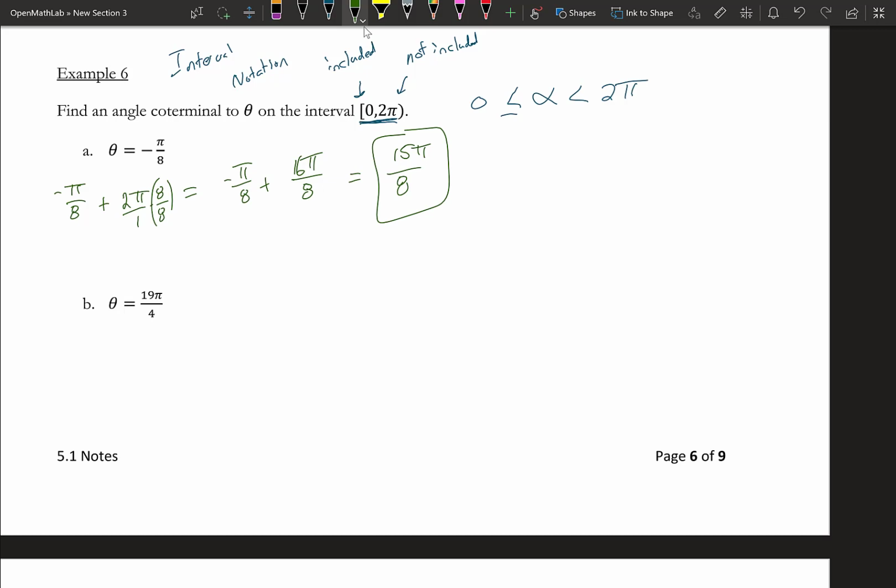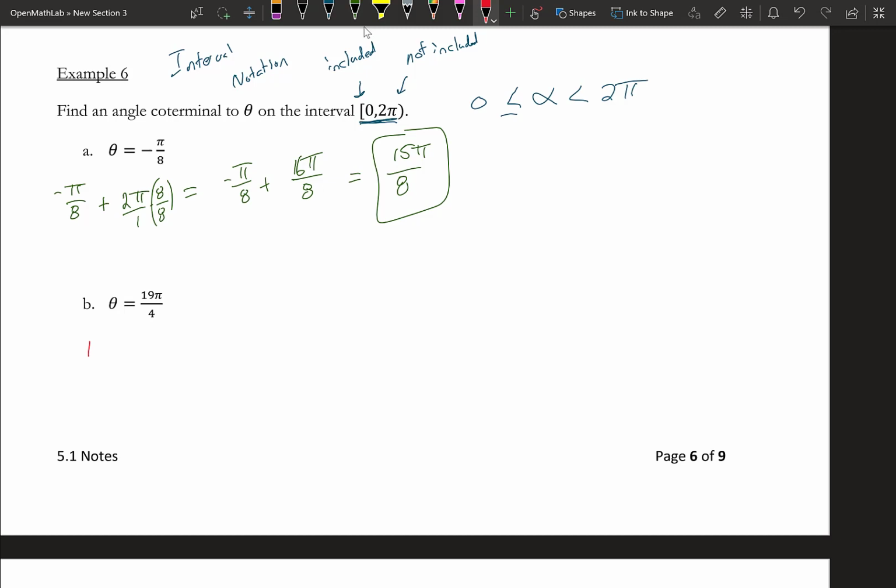And then for part B, we have theta equals 19 pi over 4. Same idea: 19 over 4 is bigger than 2 pi, it's actually bigger than 4 pi. So what we want to do is subtract 2 pi until we get a value between 0 and 2 pi.